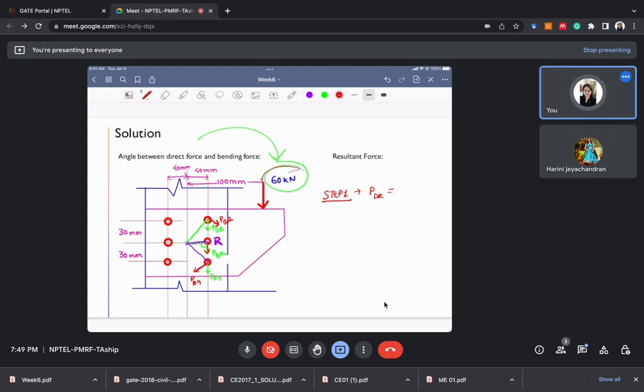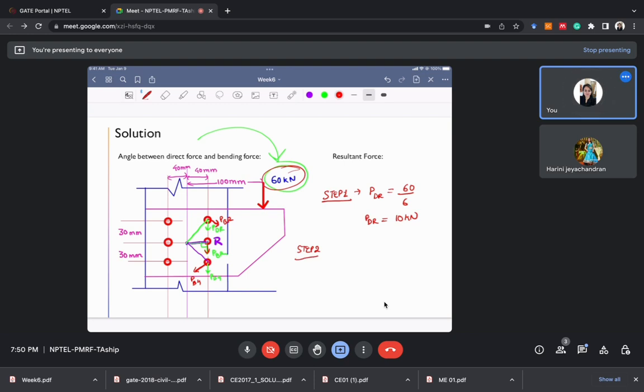What is applied load? 60 kilonewton. 60 by, not always 4, right? In this case, 6 bolts. Yeah, very good. So PDR will be 10 kilonewton. First step is clear. Can you quickly tell me step number 2 also?